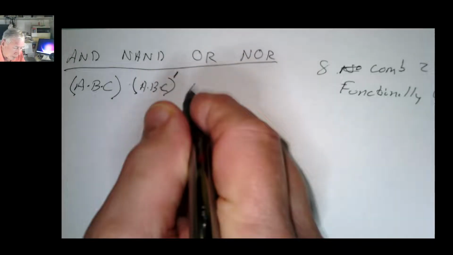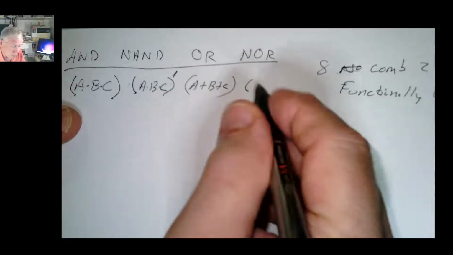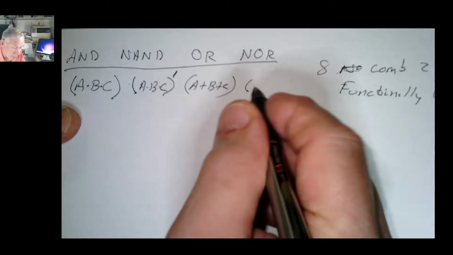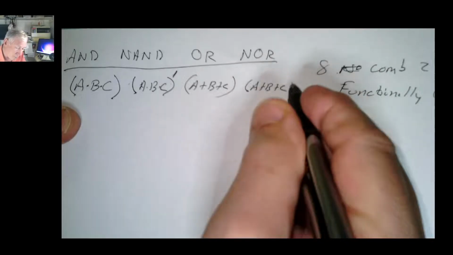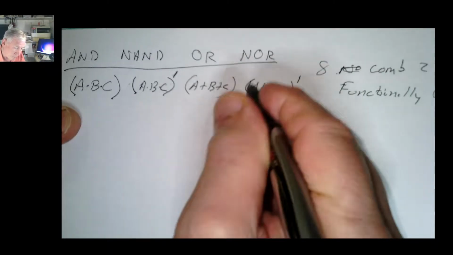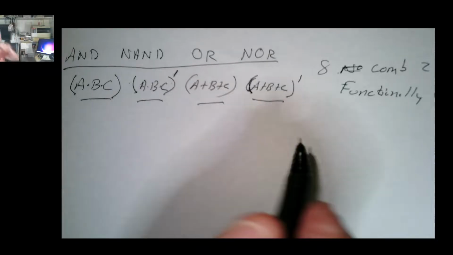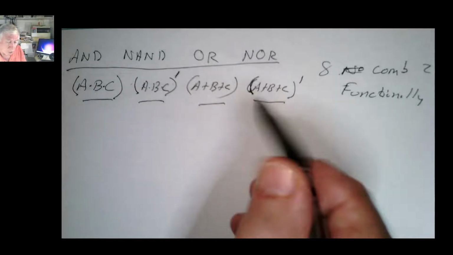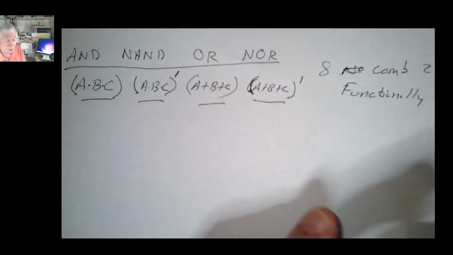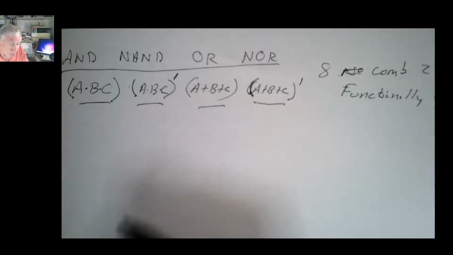An OR gate would be A plus B plus C, and a NOR gate would be the same thing, but with a prime on the output, A plus B plus C, and a prime here. So notice these 3 forms, and these you need to be able to recognize. You need to be able to recognize an AND gate, a NAND gate, a NOR gate, and an OR gate. We're not going to use exclusive ORs in this, although they do have canonical forms.